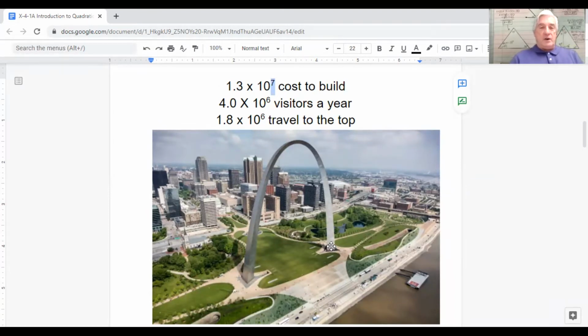Some of you may have heard that you can visit this particular monument. First of all, it cost $13 million to build. Yes, I realize you had scientific notation in sixth grade, but it helps me to review. You get 4 million visitors a year that come to see, and of those, 1.8 million are brave enough to get into a little train that goes inside the arch and goes to the top to an observation platform.